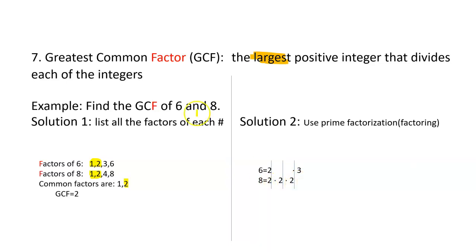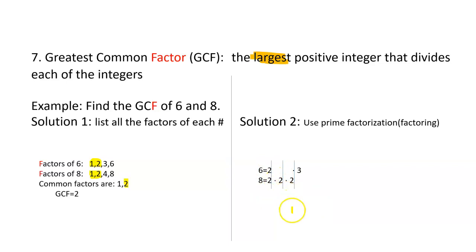But for a common factor, that is completely different, because of the definition of factor. A factor is a number that has to be contained in 6. So it's not like the least common multiple. Multiple is the other way around. Your answer has to contain 6 and contain 8, which means your answer has to contain all of these numbers.